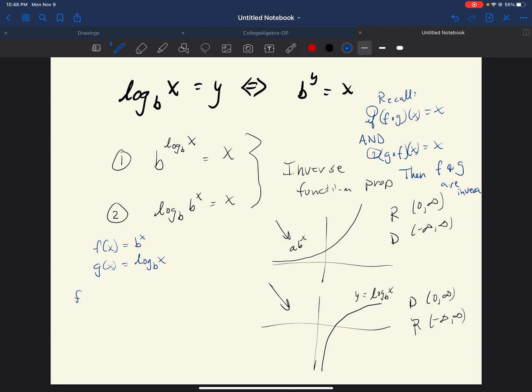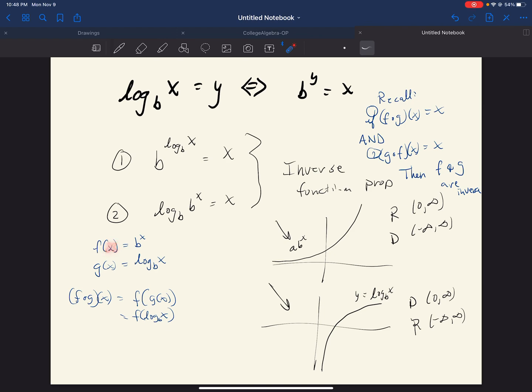And so look at this. If I say what is f of g of x, f of g of x is f of g of x, and g of x I know is log base b of x. And now to do f of that log, whatever I put into f, that x, it goes up to the power as an exponent for b.